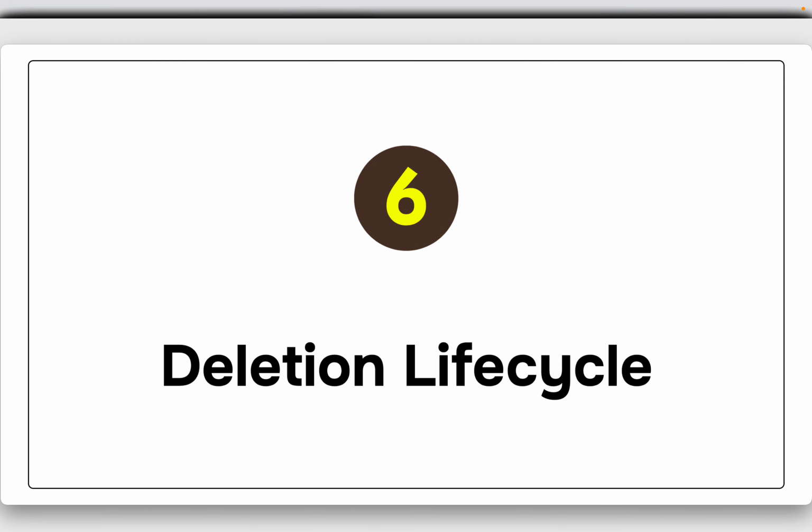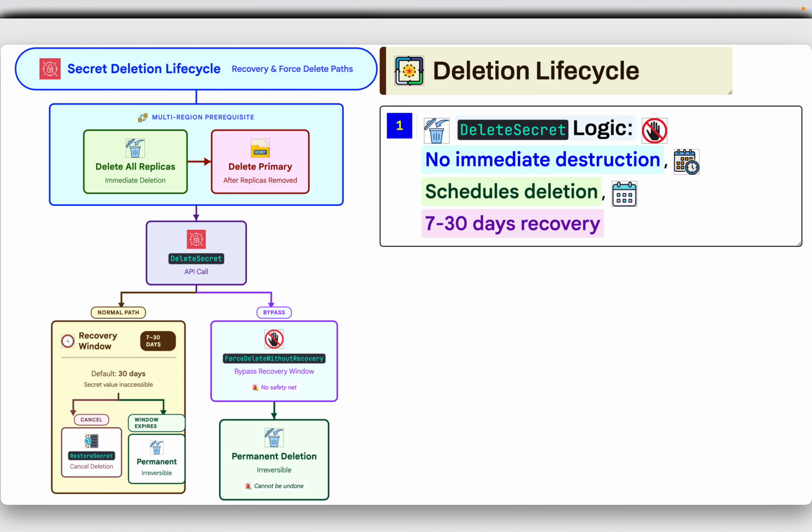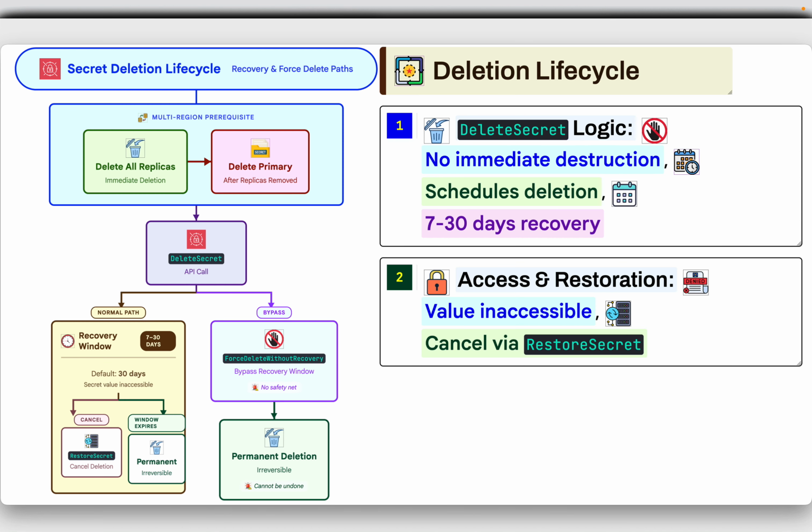Sixth topic is deletion lifecycle. Delete secret does not immediately destroy the secret. It schedules deletion with a recovery window of 7 to 30 days with a default of 30 days. During the recovery window, the secret value is inaccessible. You can cancel the scheduled deletion by calling restore secret.